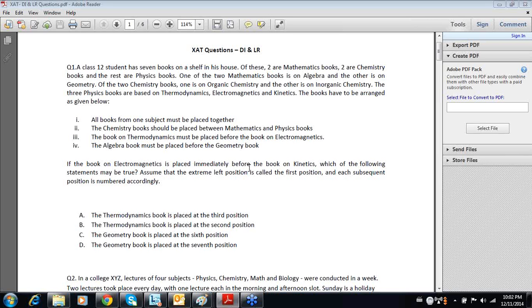I'll give a minute for others to join as well. I'm seeing a lot of people are joining now. So I'll give a minute. So in between, Himanshu, if you can forward the question sheet to Saundarya, that will be of great help.